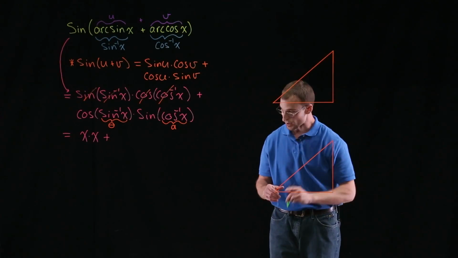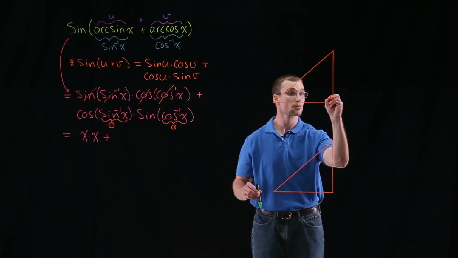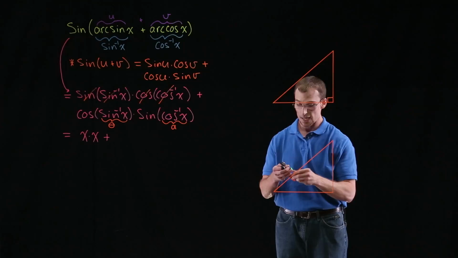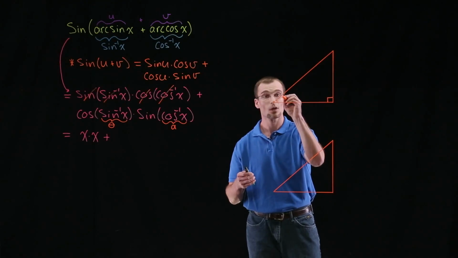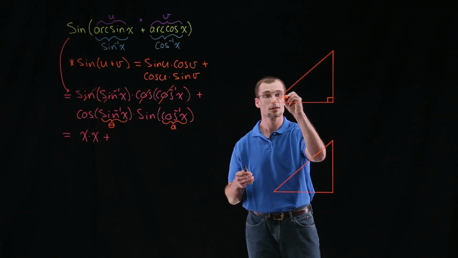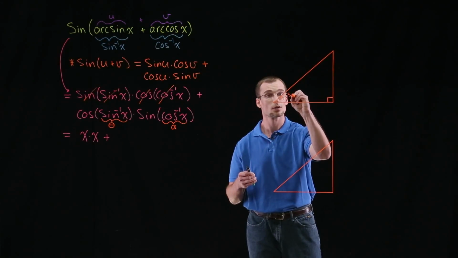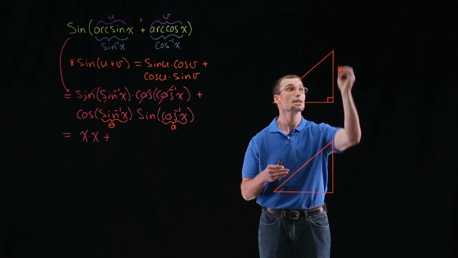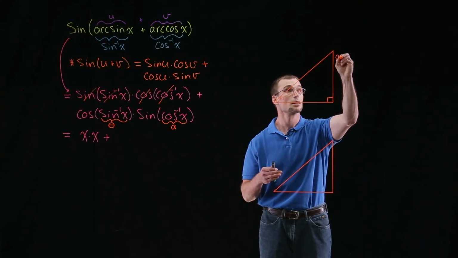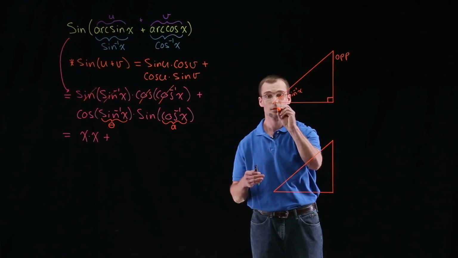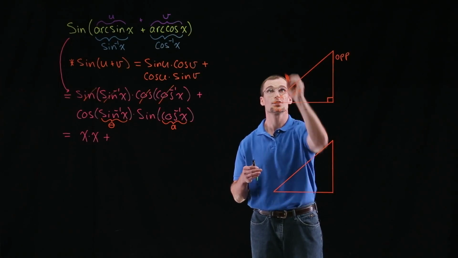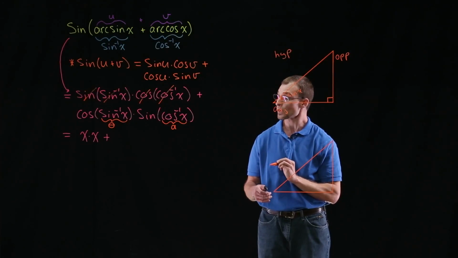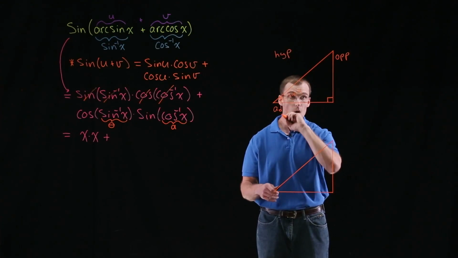So starting in this right triangle, and taking our angle theta equal to sine inverse of x, and labeling this with our angle theta, our opposite side, our adjacent side, and our hypotenuse. So, what do we know?